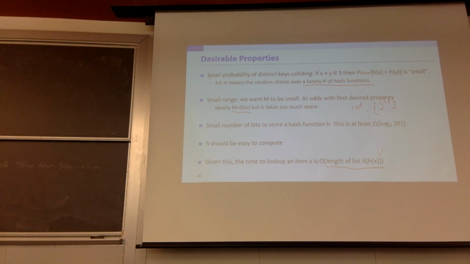But in a more general case, if you say a family in a mathematical sense, it's not necessarily a set. It could be a class, a proper class. But that's out of scope. Here you can think of this H as a set of hash functions. Basically, you have H1, H2, and so on. Maybe a finite set or infinite set. Typically, it's a finite set.